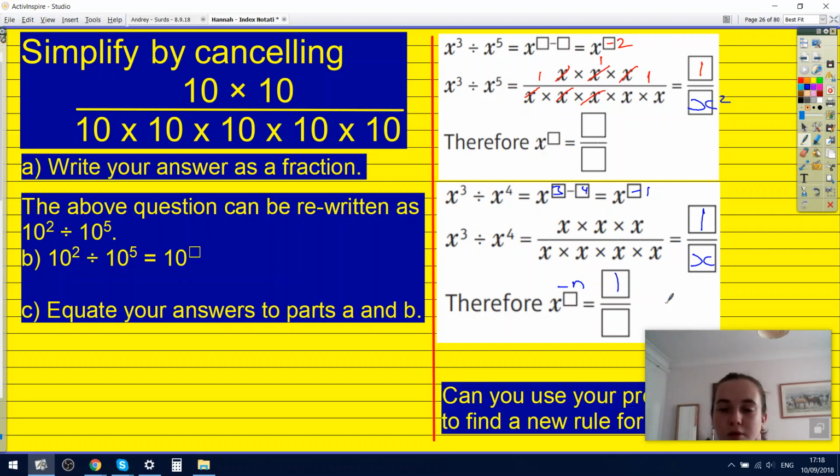1 over x to the plus n. So let's say 10 to the minus 3 is equal to what?